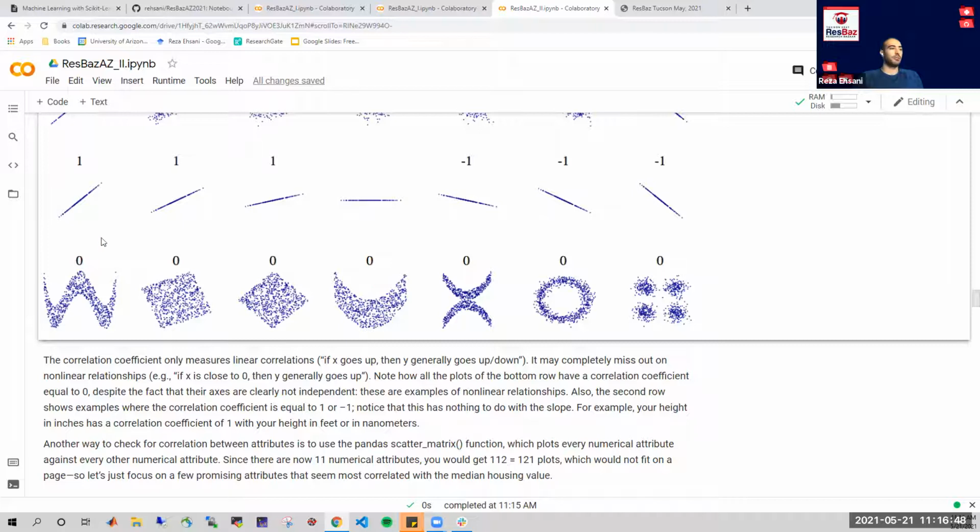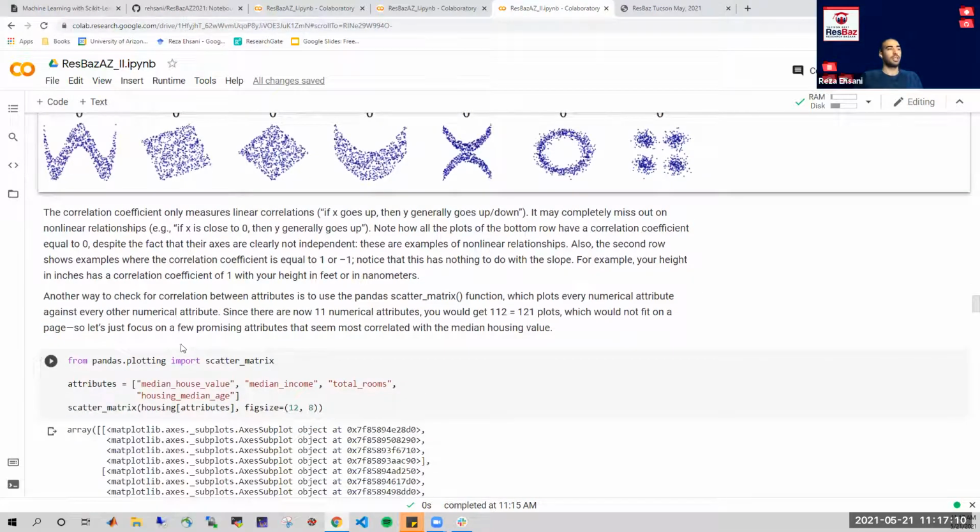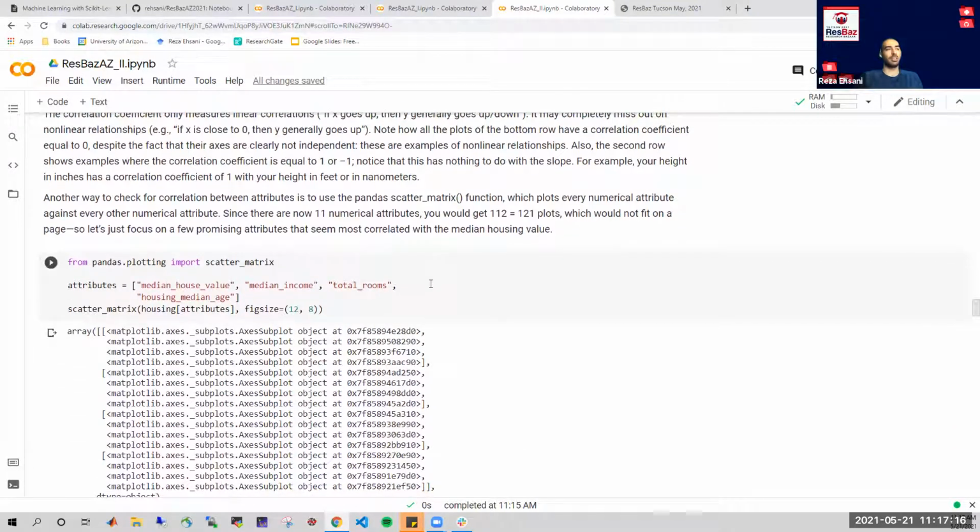Also, the second row shows examples where the correlation coefficient is equal to 1 or -1, and notice that it has nothing to do with the slope. For example, your height in inches has a correlation coefficient of 1 with your height in feet or nanometers.